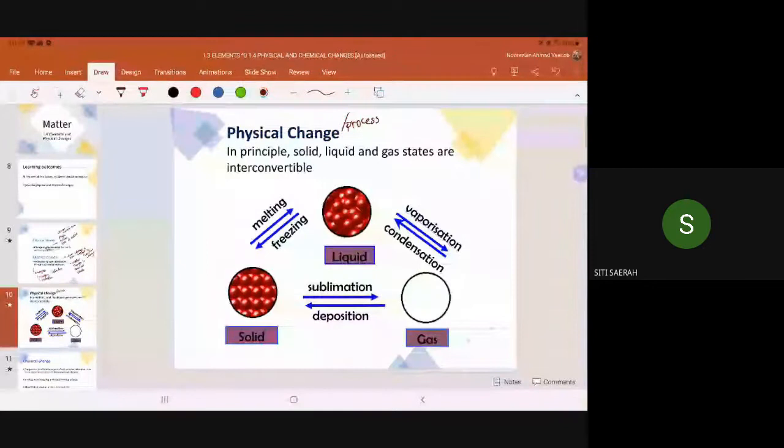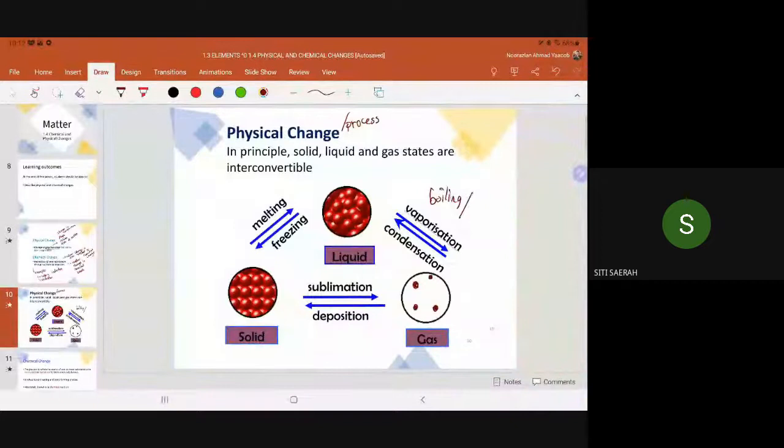Okay, so solid jadi liquid adalah melting ataupun peleburan. Liquid jadi gas. Okay, so this is vaporization. Okay, proses penyejatan. Okay, ataupun boiling.